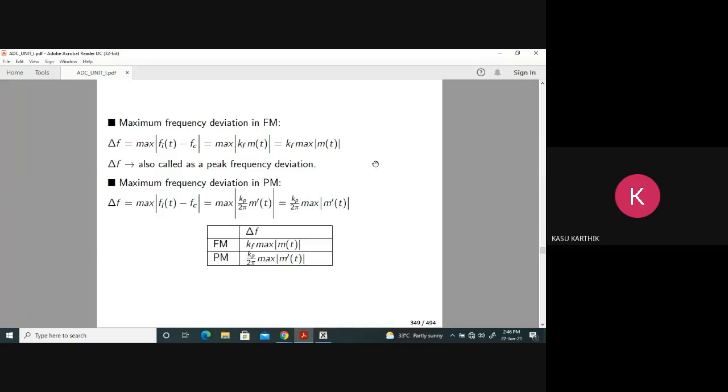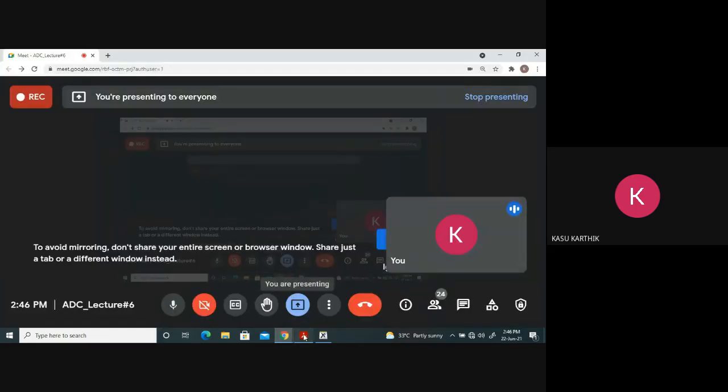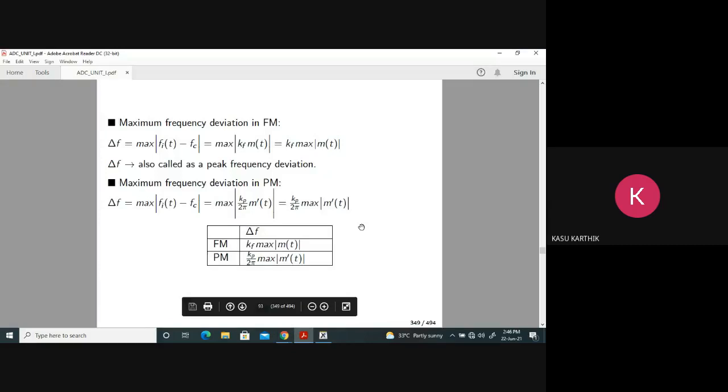Now this is the final table which gives you the peak or maximum frequency deviation in FM and PM. It is Kf mod m of t, and Kp by 2 pi mod m dash of t. Is it okay? Any doubts? You need to concentrate on the equations properly. They are very, very important. Correct?